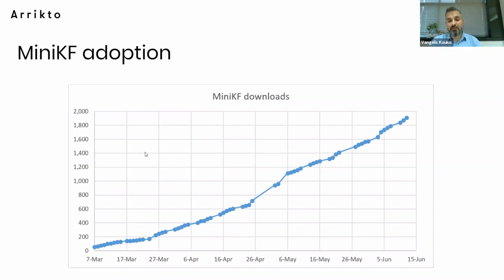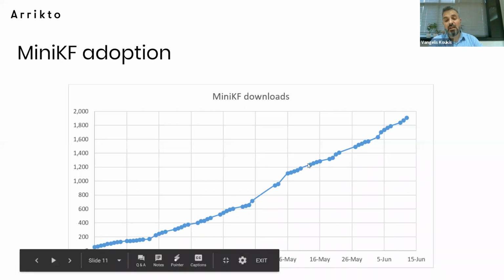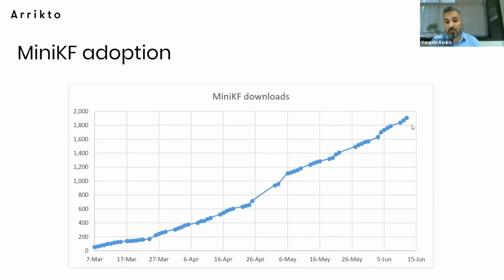We released the first version of Mini Kubeflow around early March. Since then, it's been downloaded by just short of 2,000 people, and its adoption seems to be progressing nicely. We are trying to release every new Kubeflow version within a few days or weeks, packaged as Mini Kubeflow.